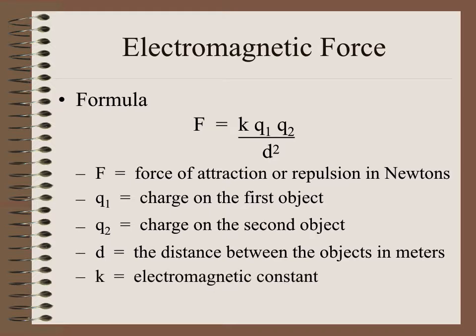In this case, since it deals with the electromagnetic force, it's the electromagnetic constant. Since the electromagnetic force is so much stronger than gravity, the electromagnetic constant is a much bigger number. It's actually 9 times 10 to the 9th, or 9 billion. You will want to put this formula on your formula card underneath your formula for gravity. You can entitle this formula electromagnetic force, and you can also put down the electromagnetic constant so you don't have to memorize it.